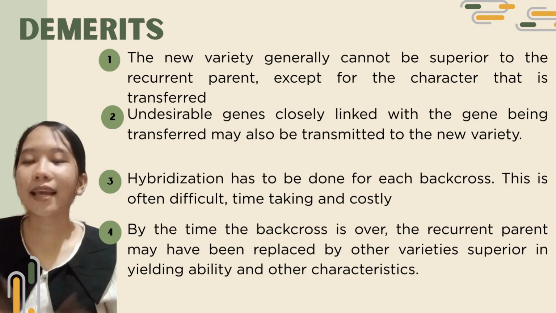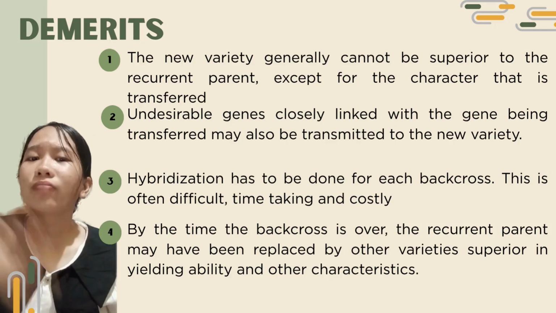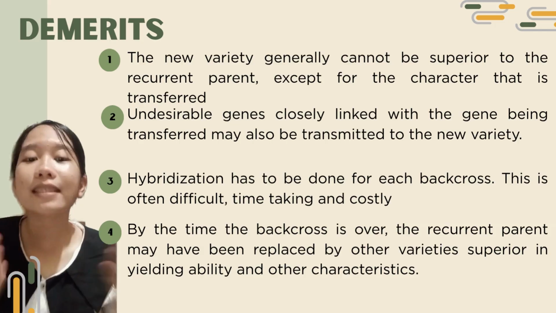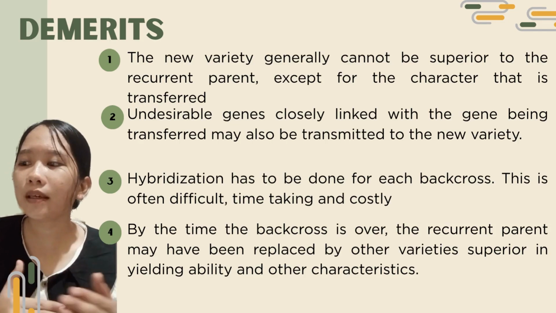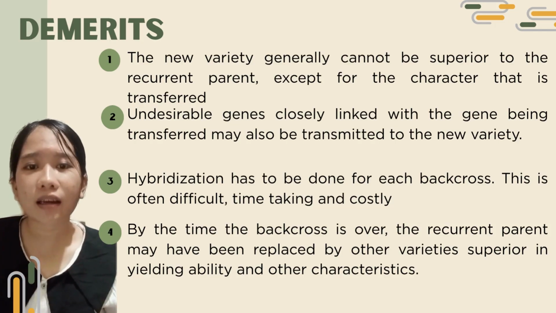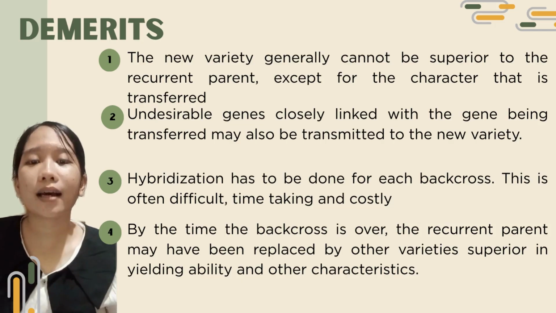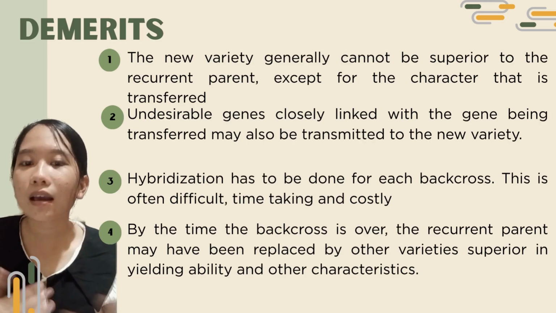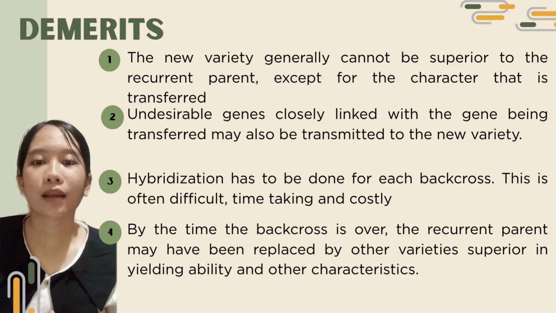And second, along with the desired gene, unwanted or harmful genes that are physically close to it on the chromosome may also be transferred. This situation known as linkage drag can negatively affect the new variety's performance.